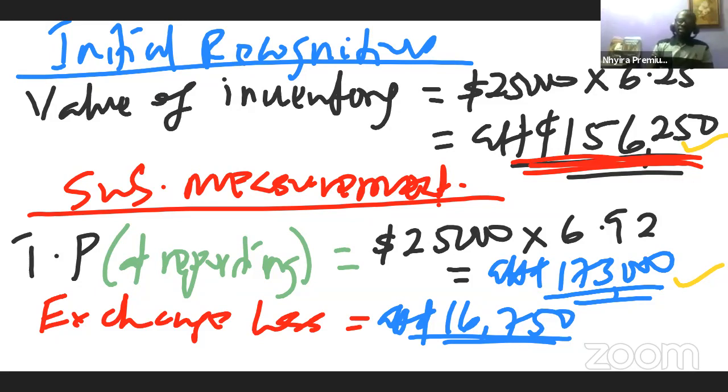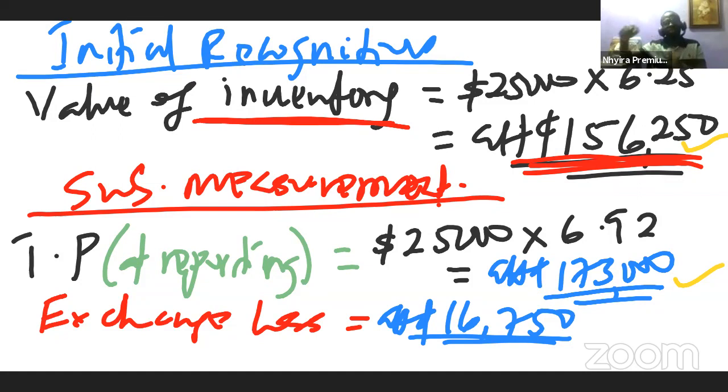Okay, so assuming this is an asset, remember inventory will subsequently be carried at what? In accordance with IAS 2, the lower of cost or net realizable value. But assuming it's an asset, depreciation would have been calculated and probably the entity may revalue it. So when they revalue it based on IAS 16, we account for it.